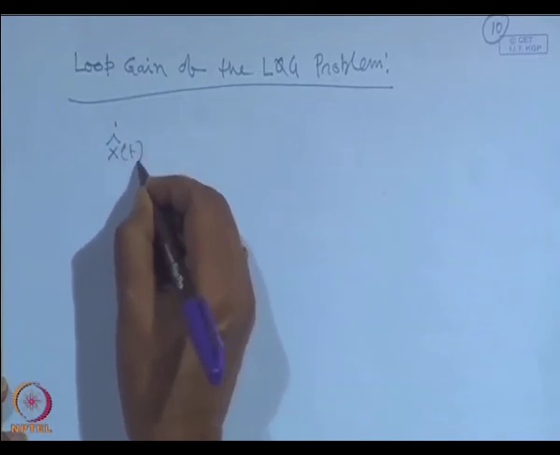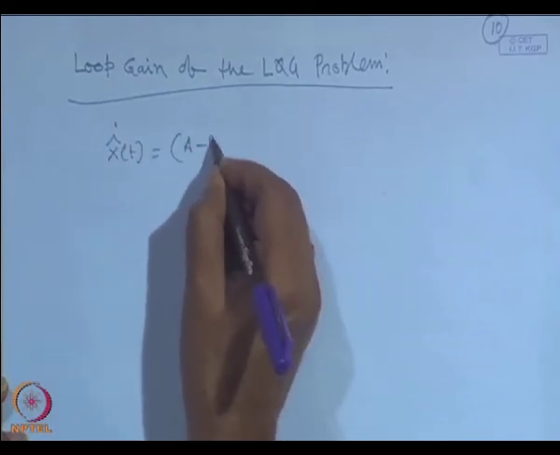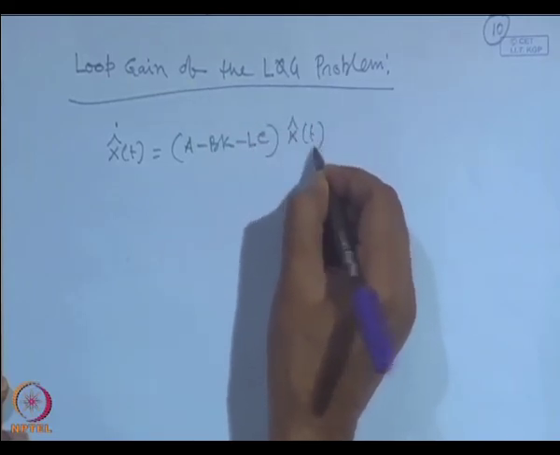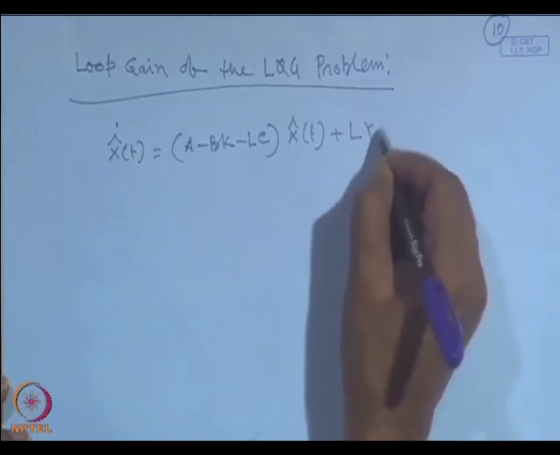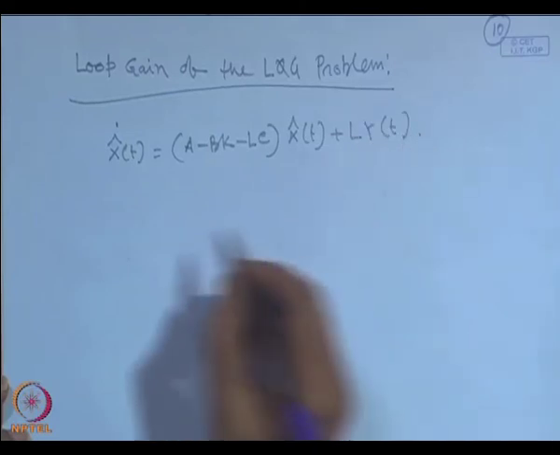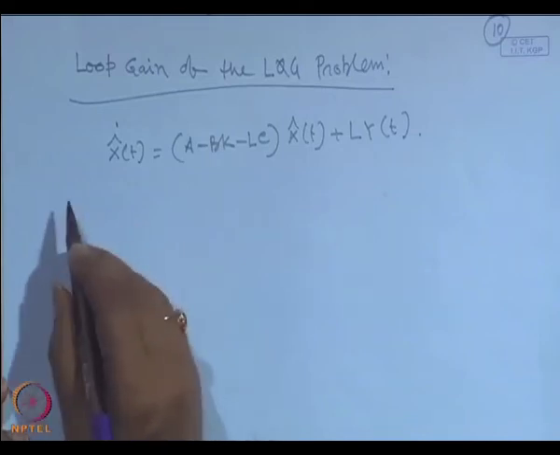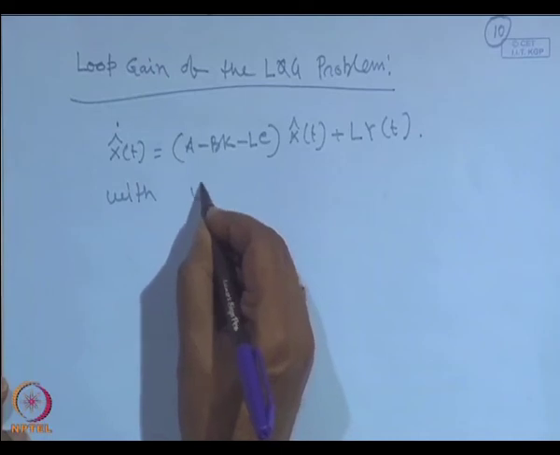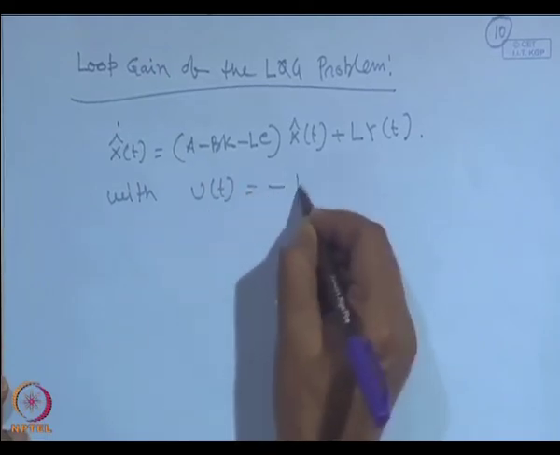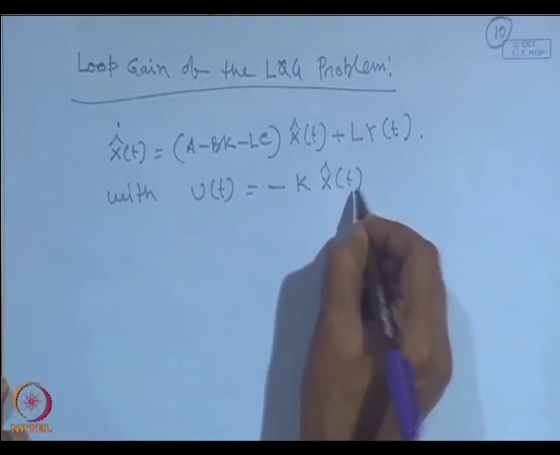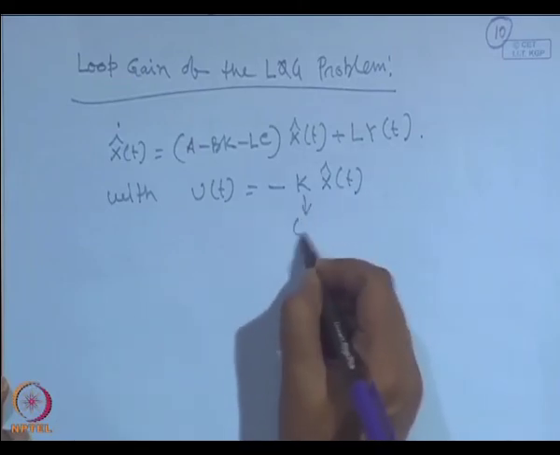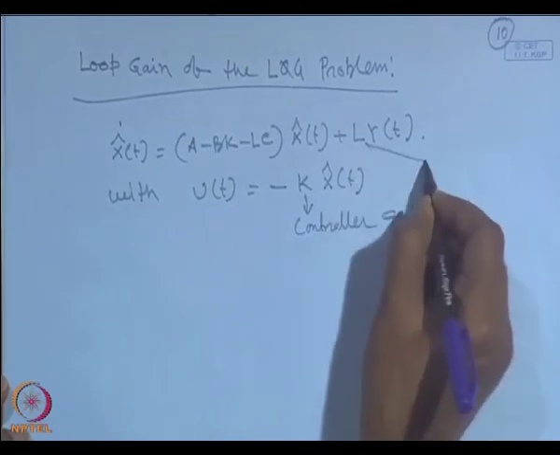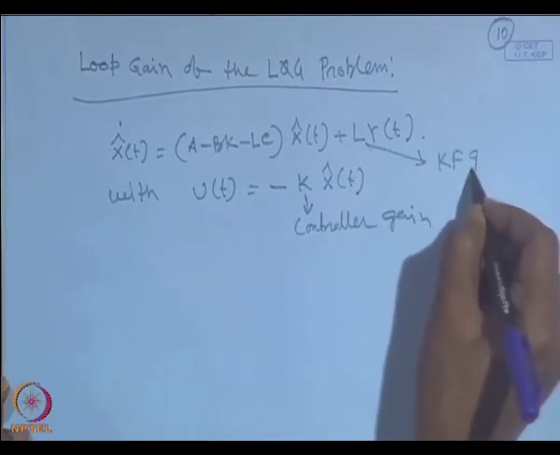This is the estimator equation, x hat dot of t equals A minus B k minus L c times x hat of t plus L y of t, with u of t equal to minus k x hat of t. This is the controller gain, and this is the Kalman filter gain.